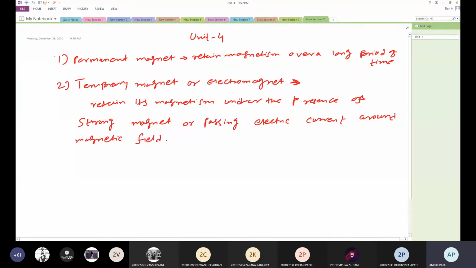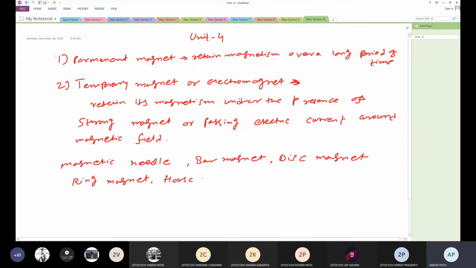You have already heard of magnetic needles, then bar magnet, disc magnet, ring type, and horseshoe type.